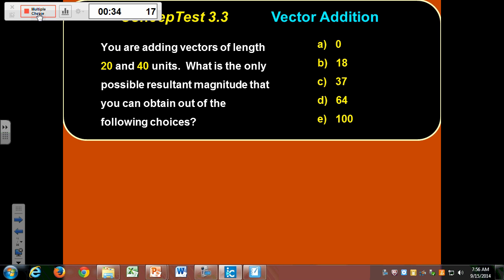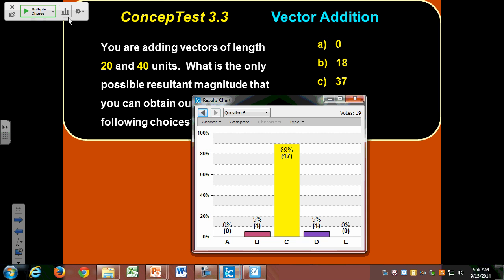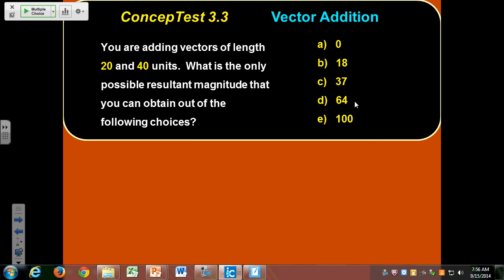A few more seconds. Excellent. Y'all doing really well. 37. The minimum for this is 20 units. The maximum you can get is 60 units. So you can have them opposite directions, which will mean they'd be a 20 unit sum, or you can have them the same direction. So it's somewhere between 20 and 60, and so the only one of those is C, 37.